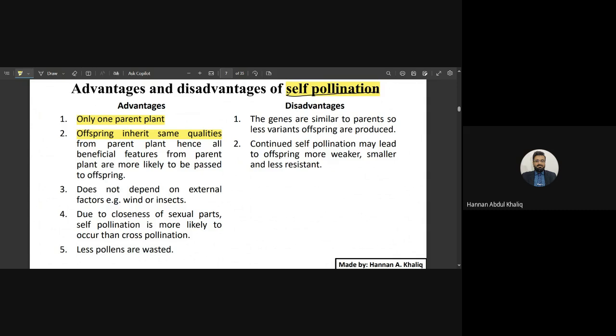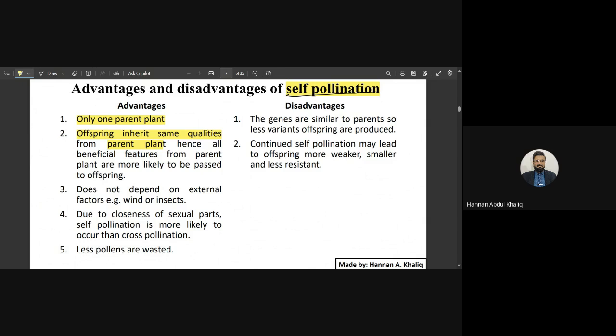But the problem is when the parent plant is not changing, you cannot change the genetic material that much, because ultimately the things are repeating again and again.